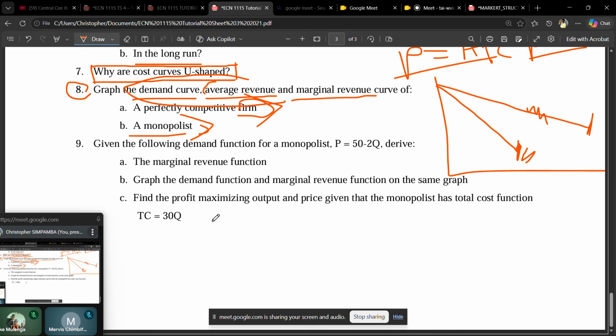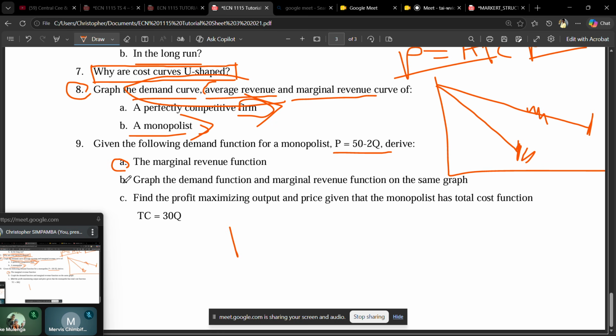Okay. Finally, question 9. Given the following demand function, P equals 50 minus 2Q, derive A, the marginal revenue function.